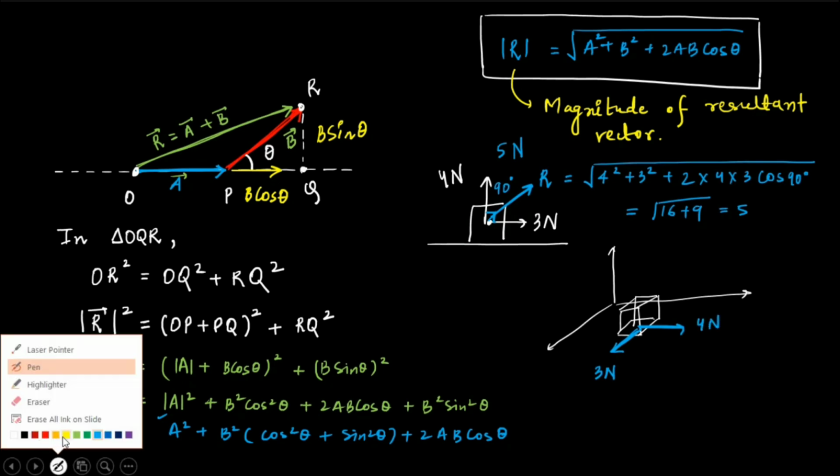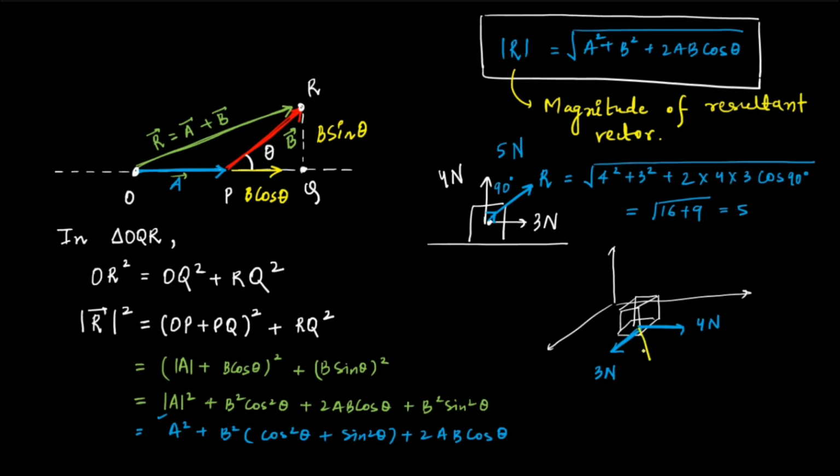So as a result, the resultant motion is observed in this direction, and the net effect is 5 newtons. So it must be at a certain angle. In order to define its direction properly, we'll write that angle. I hope this makes sense.